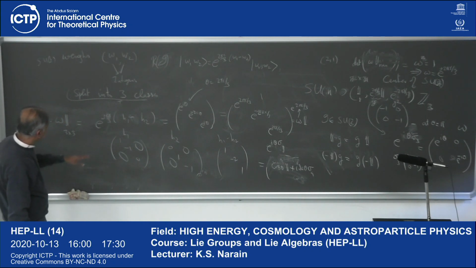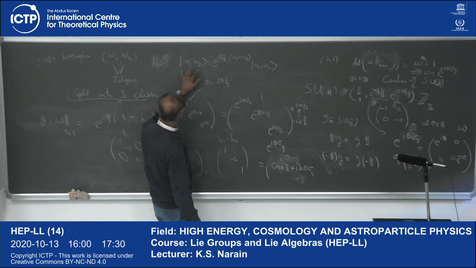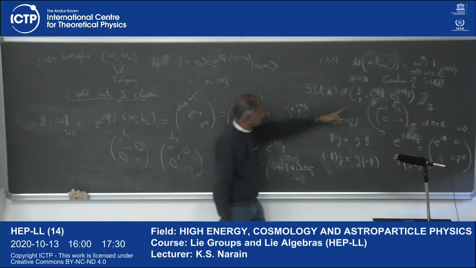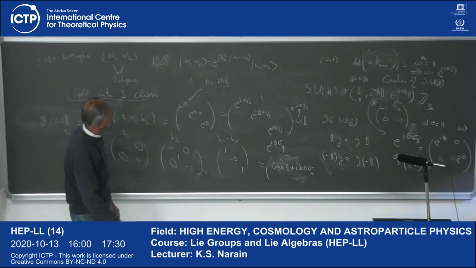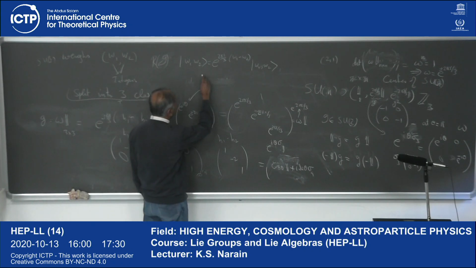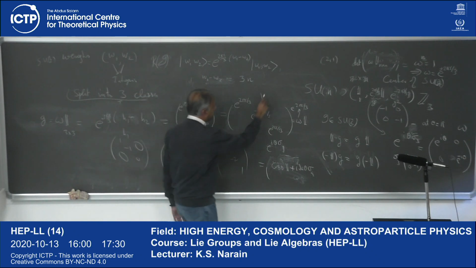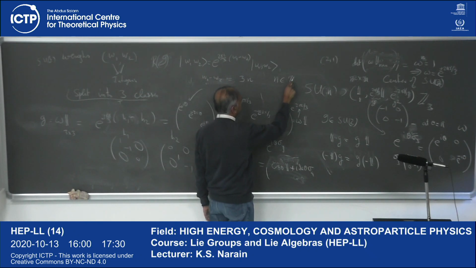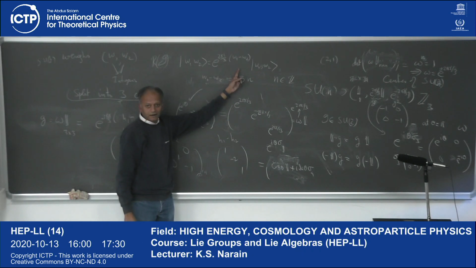Right. So this is the G action on this W1, W2, G being this center element. So now you can see immediately we can classify. If W1 minus W2 is a multiple of 3, so 3n, where n is some integer, then this is simply 1.